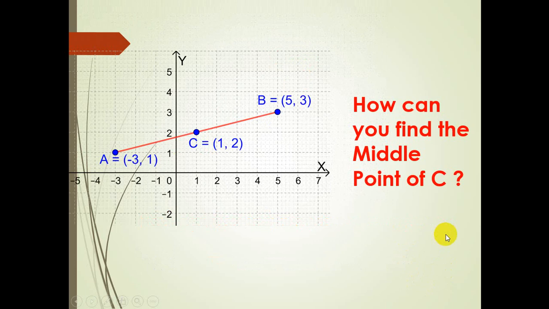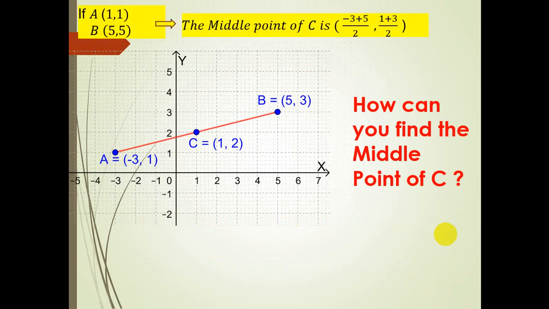How about this one? How can you find the middle point of C? According to the previous problem, here we have point C, so we can get it from minus 3 plus 5 divided by 2 and 1 plus 3 divided by 2.